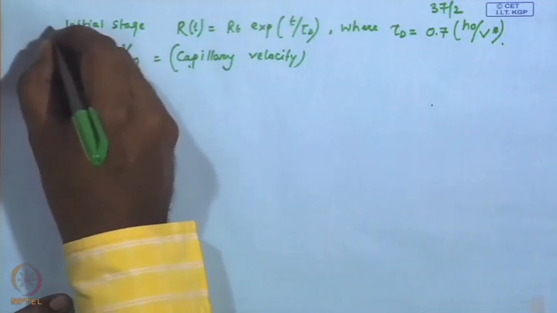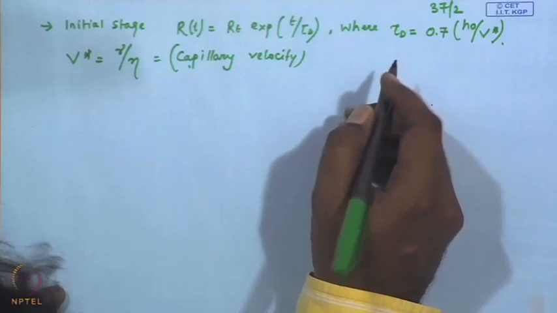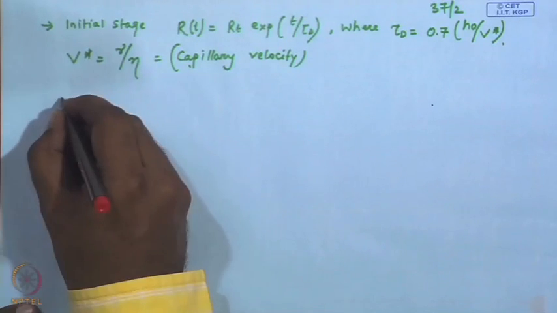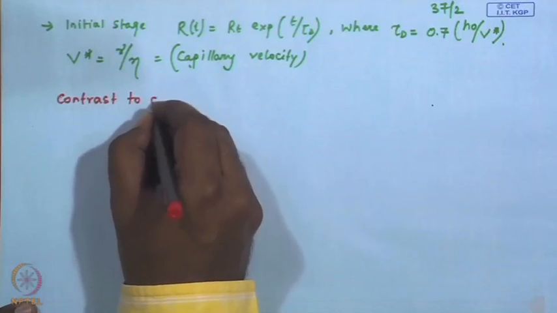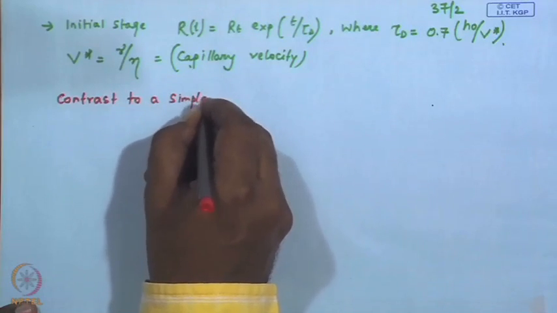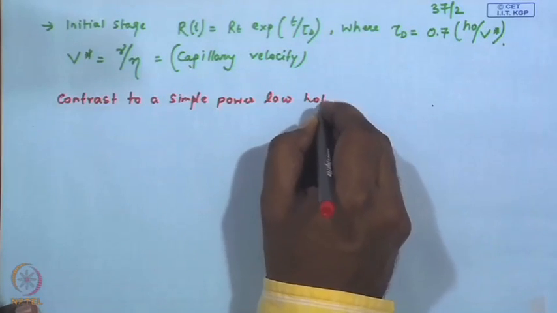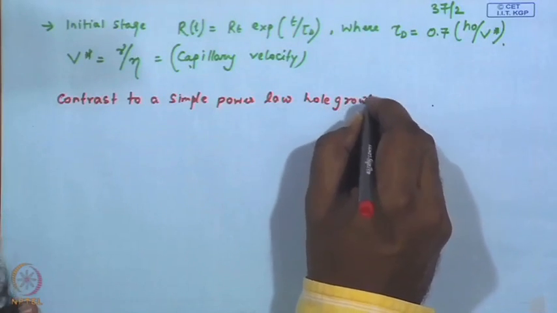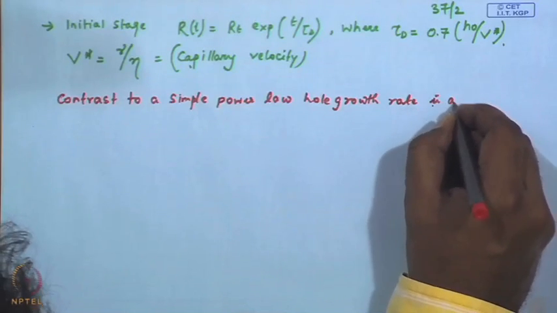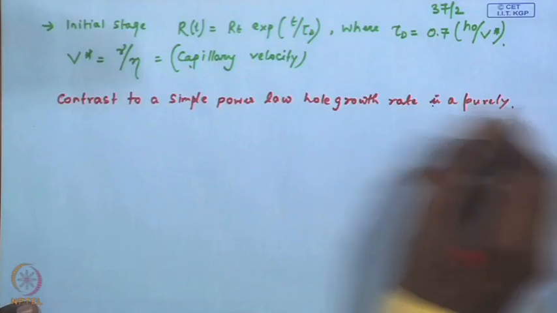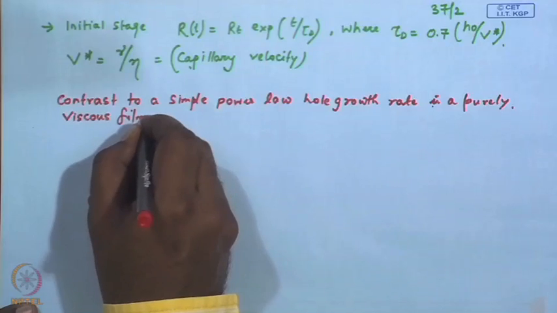So in the initial stage you see an exponential growth rate of holes. This is also in contrast to the simple power law hole growth rate in a purely viscous film.